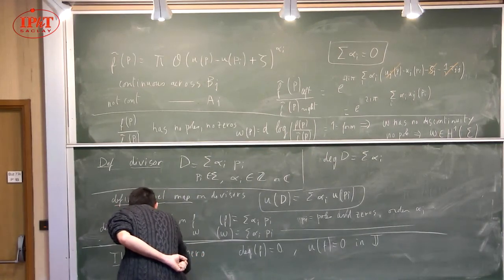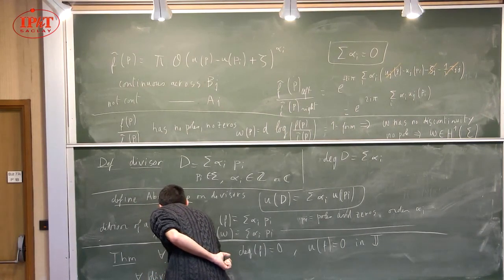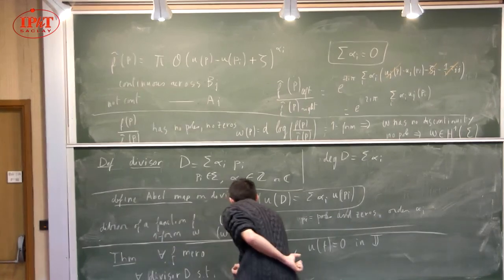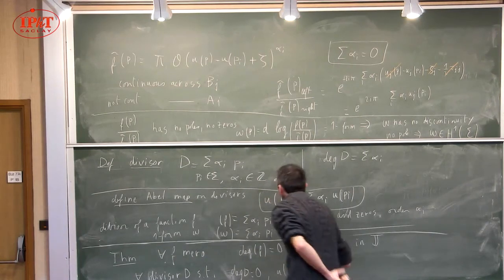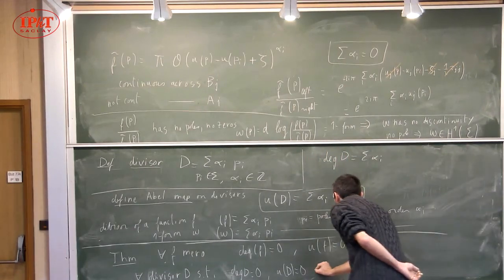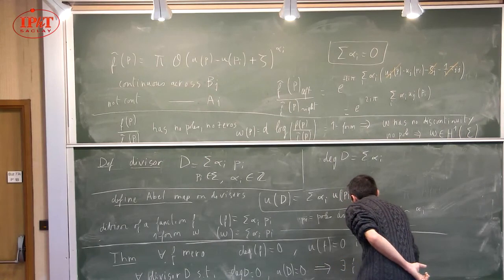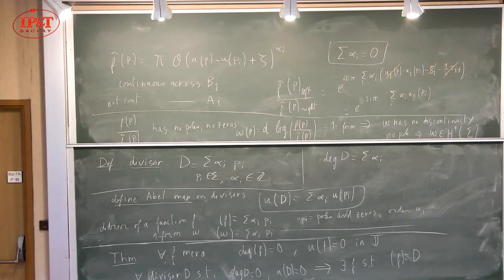For every divisor D, with alpha i only in Z, if the degree of D equals 0 and U of D equals 0, then there exists f such that (f) equals D. So the divisors of degree 0 and of Abel map 0 are precisely the divisors of meromorphic functions.